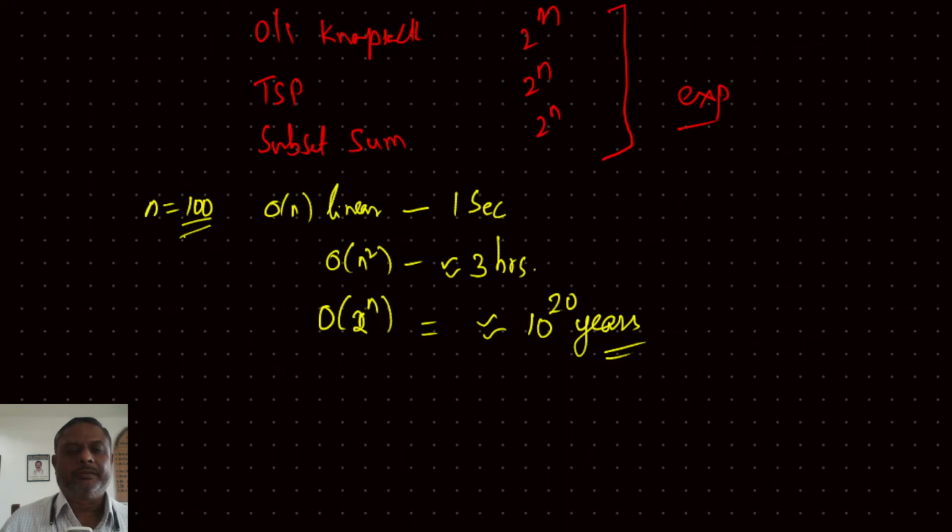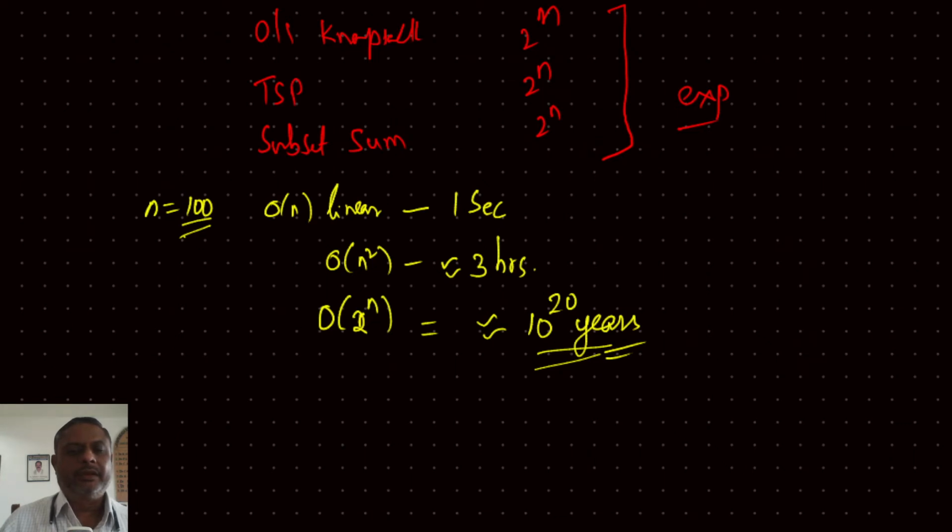And if you are working on a 0-1 knapsack problem with 100 elements, it would take almost 10 to the power 20 years to solve the problem. I hope you understand the effect of these things.